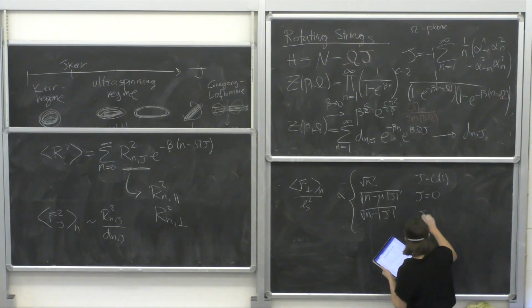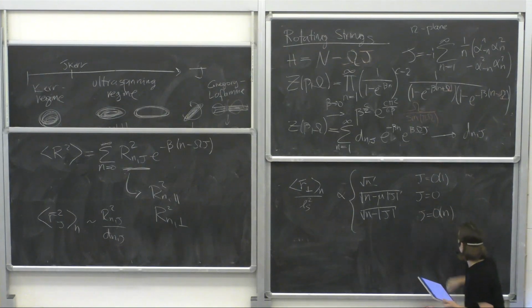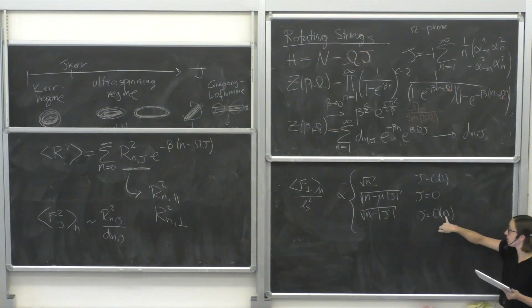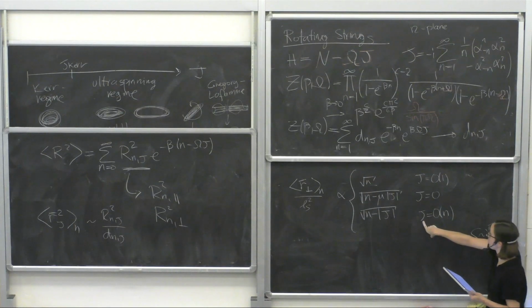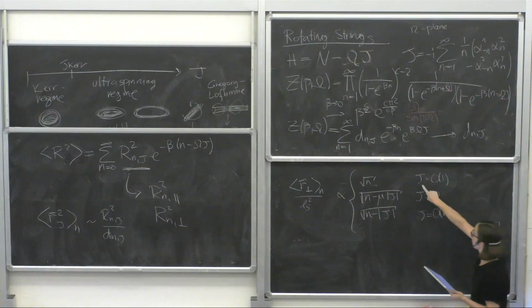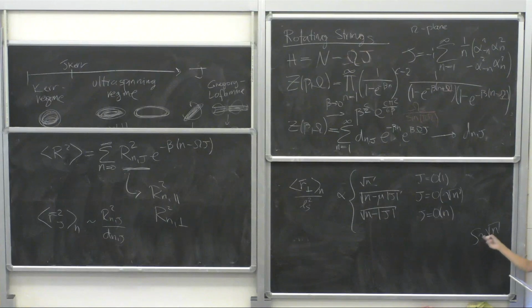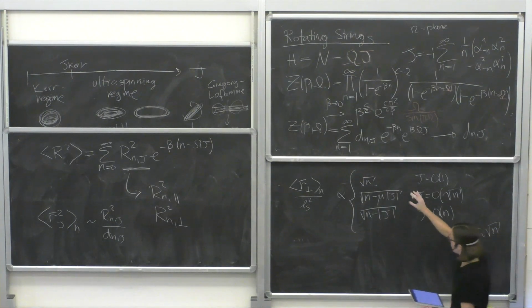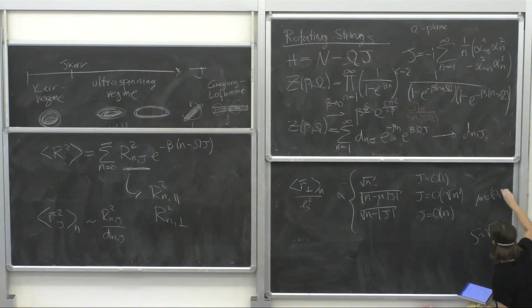One is where we look at angular momentum of order n. And remember, the entropy scales like square root n. So this would be much bigger than the entropy, this would be much smaller than the entropy, and here we're going to put a moderately spinning string that has of the order the size of the entropy. And mu here is a number that is between 0 and 1.